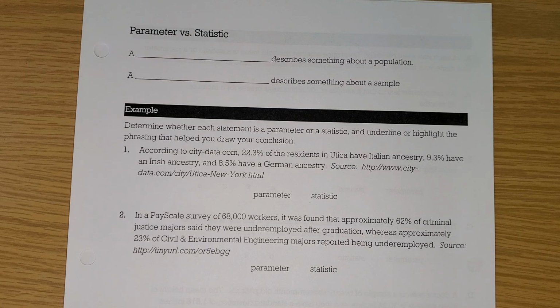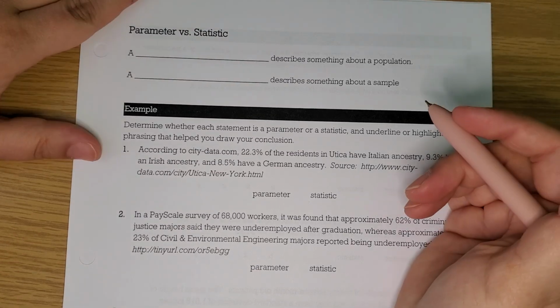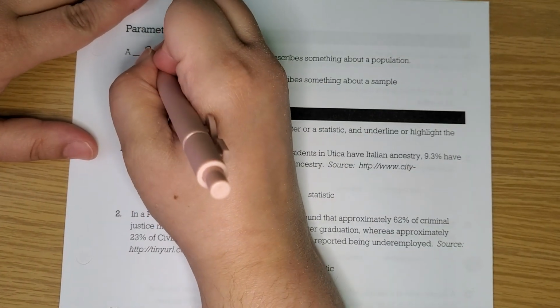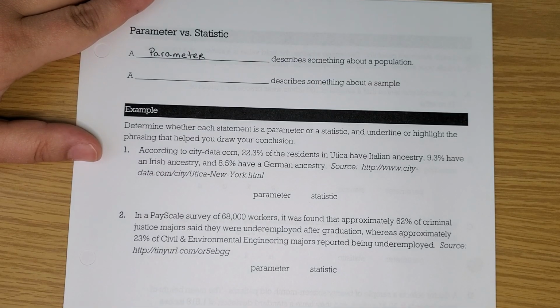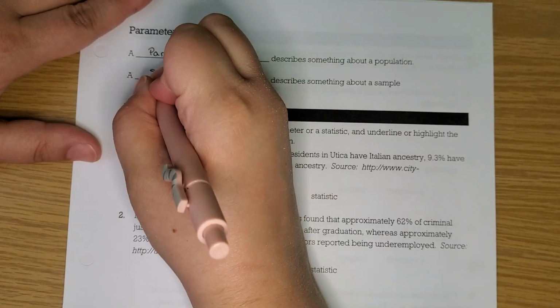So if something comes from a population, we're going to call it a parameter. And if it comes from a sample, we're going to call it a statistic.